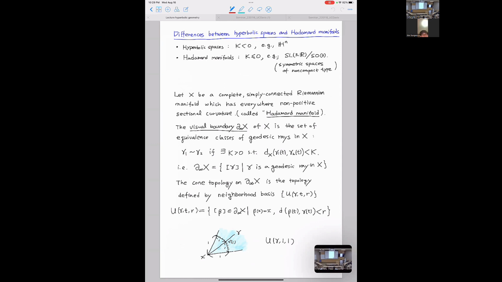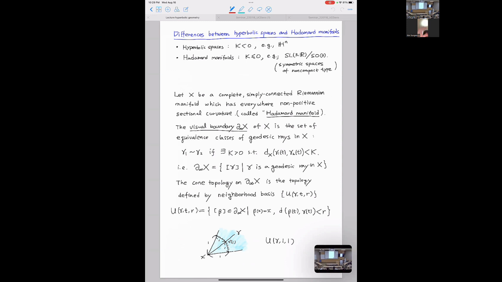Here I want to explain the difference between hyperbolic space and Hadamard manifolds. As you know, the Hitchin representation acts on the symmetric space of higher rank.